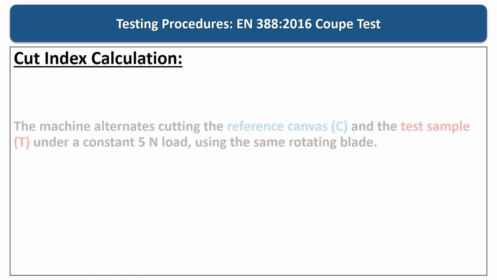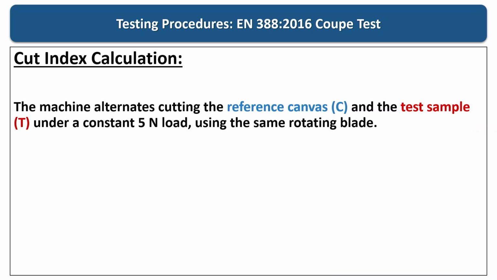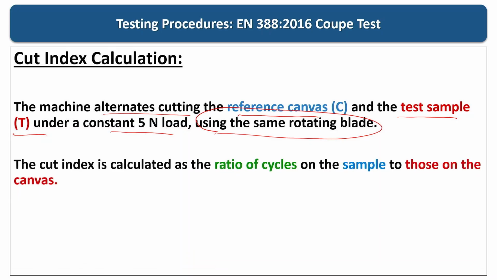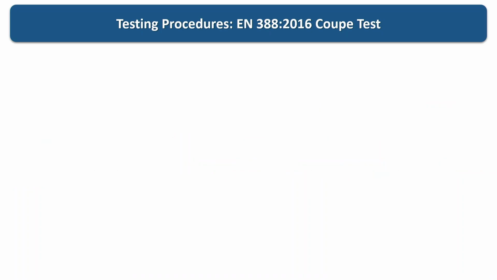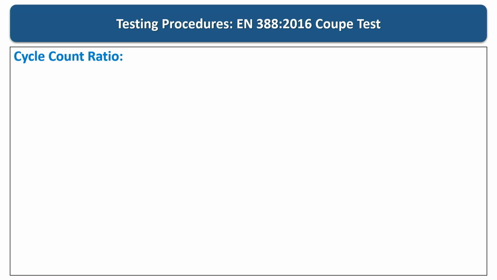Now, how to calculate the cutting index? The machine alternates, cutting the reference canvas first, then test specimen T under the constant load N, and then again the canvas. This alternate cutting will be there, and we record the data. Here we do not replace the blade, using the same blade, and the load is constant. The cutting index is calculated as the ratio of the number of cycles on the sample to those on the canvas.